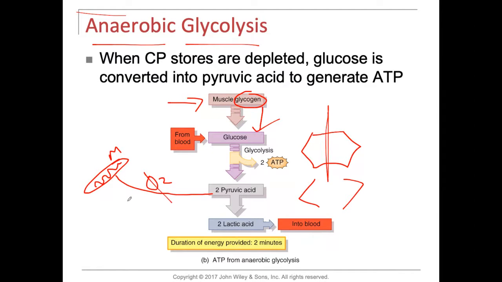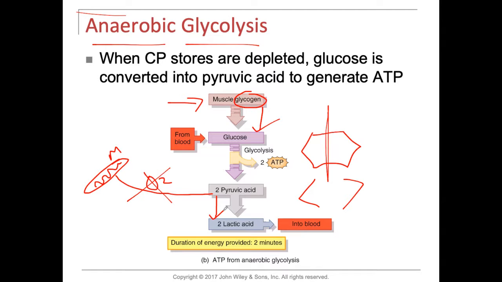If oxygen is not available, pyruvic acid gets converted into this sugar, lactic acid. That's what can give people a bit of a burning sensation, right? The old school used to say you get your metabolites accumulating, you get lactic acid buildup, and you can feel this burn.